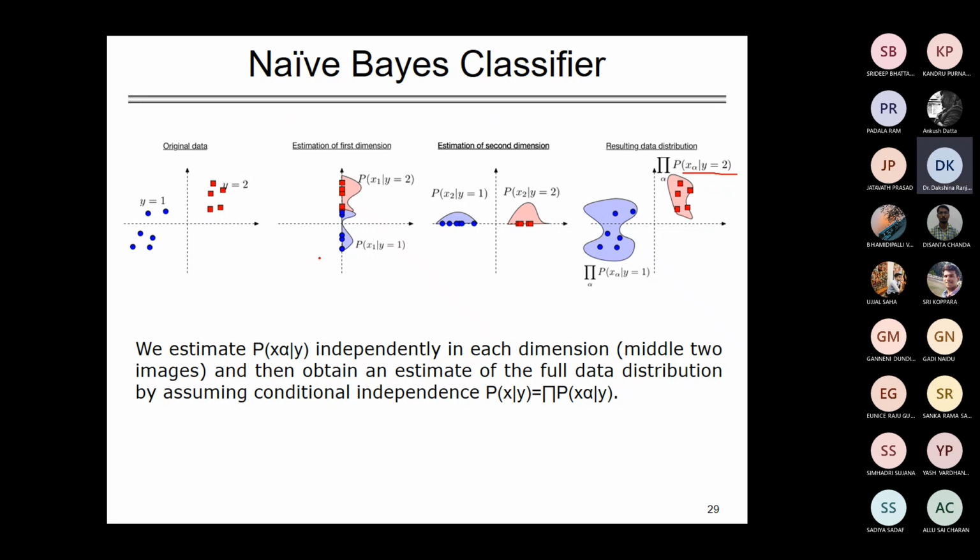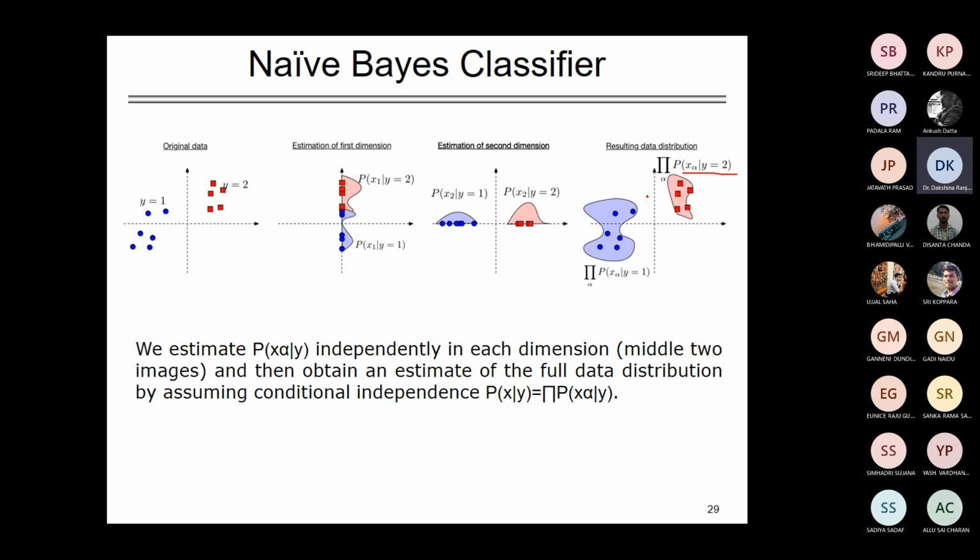If we consider two-dimensional data, this is the original distribution of the data, y equals 1, y equals 2. Here y represents the class information, so we have two different classes and the corresponding distribution of the data. Here we estimate the first dimension, and then we estimate the second dimension.